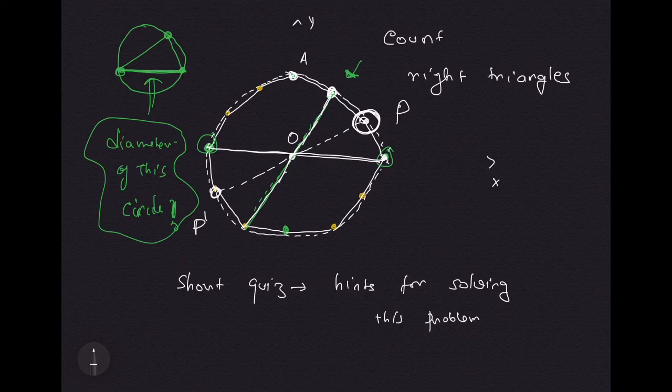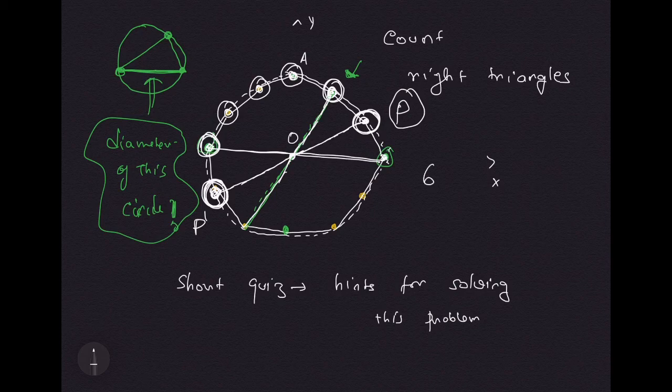So choosing one vertex automatically chooses the diametrically opposite vertex if you are looking for the diameter. So there are really 6 choices, right? 1, 2, 3, 4, 5, 6. Because every time you choose one, the diametrically opposite one is automatically chosen. So there are 6 choices for diameters.